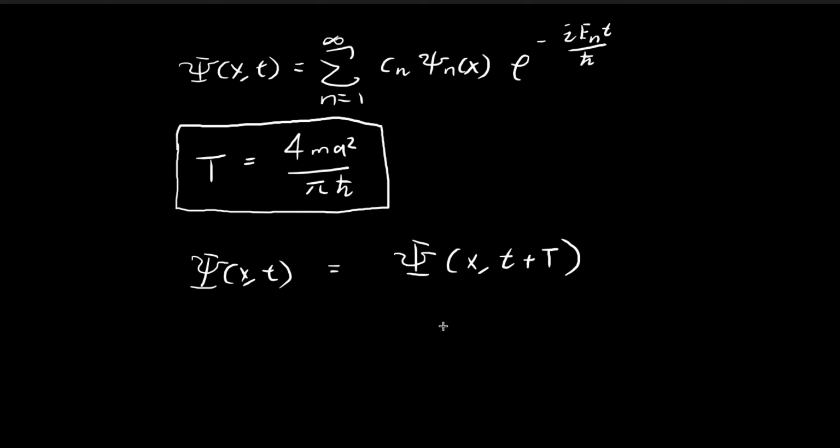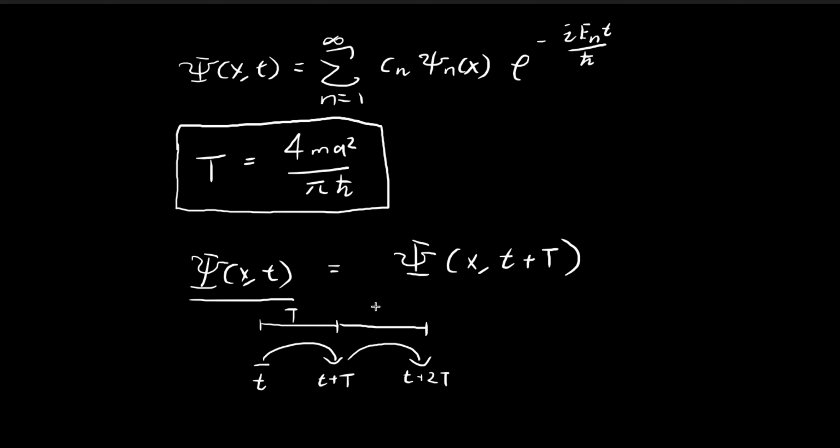So the wave function will just return to its state at this particular time, and then it will just keep on repeating itself. So at a particular time point t, after a time interval of capital T, it will return back to its state at time t. And so that means when it skips ahead for another time interval of capital T, the same thing will happen again, because you're basically starting off at the same point.